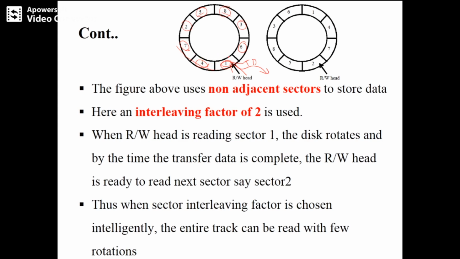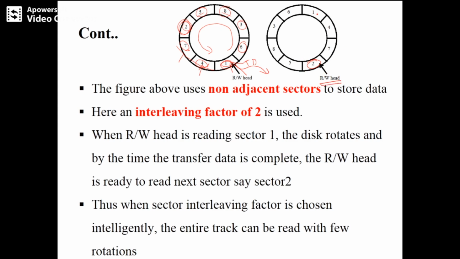But here, when transfer delay occurs, the disk is going on rotating, right? So the disk is rotating, and instead of the next sector, it will rotate and the second sector will come onto the read-write head. Say here, the second sector has come onto the read-write head.